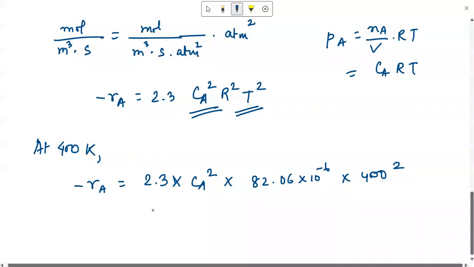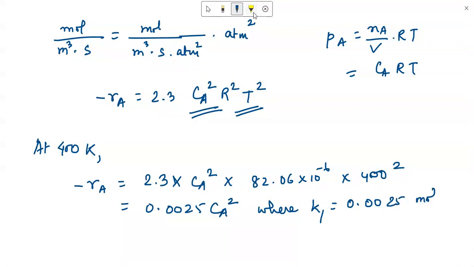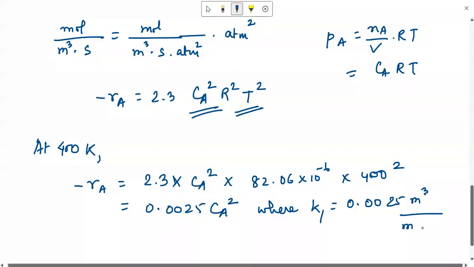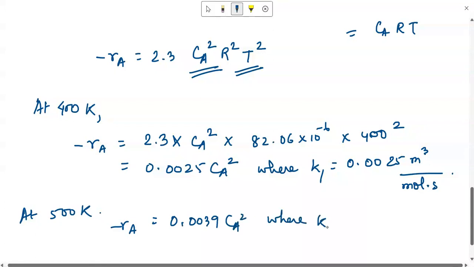This reduces to 0.0025 cA square, where k1 now becomes 0.0025, sorry, meter cube on top, meter cube per mole second. Similarly at 500 Kelvin, the rate equation gives the form 0.0039 cA square. So from here k2 is 0.0039 meter cube per mole second.